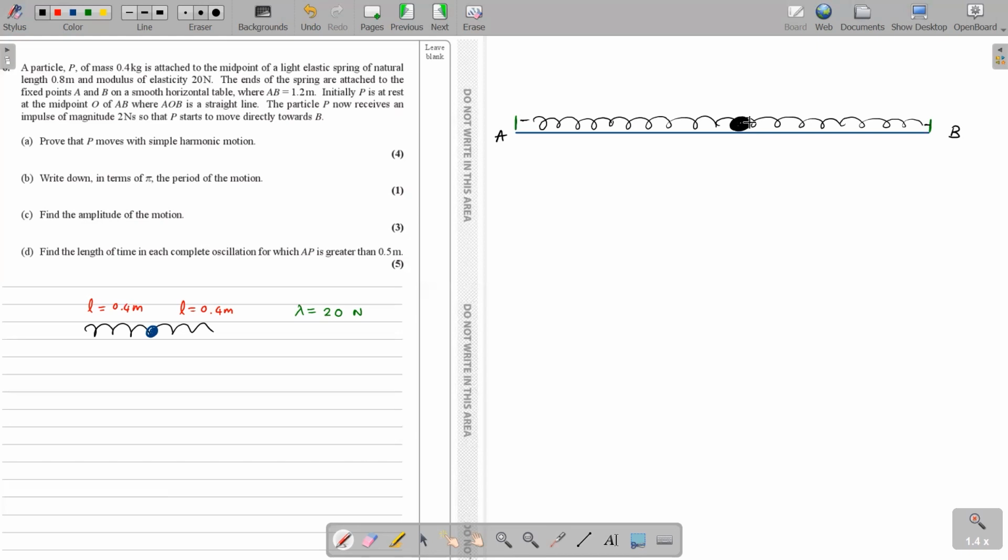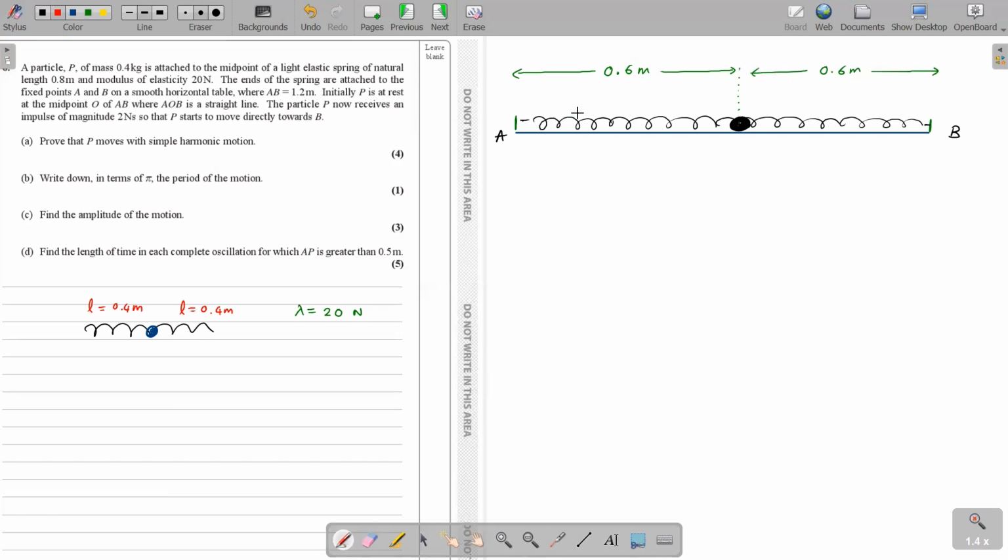Initially it's in the middle, which means what? It's at a distance of 0.6 meters. Draw a clear diagram, 0.6 meters either side.